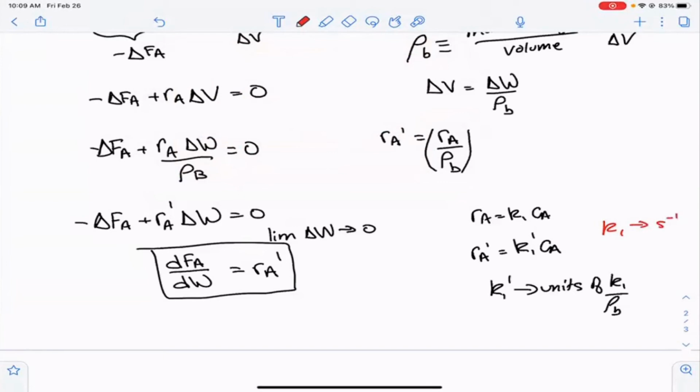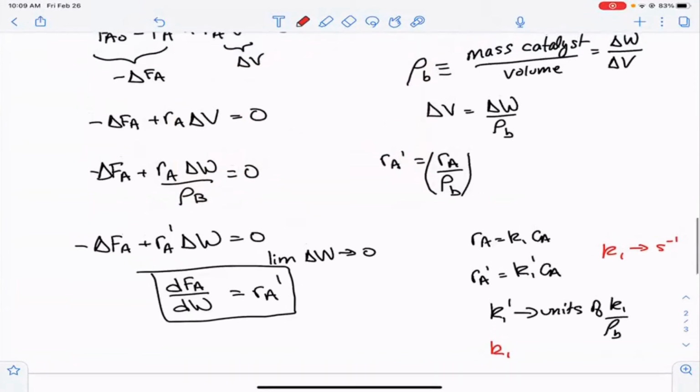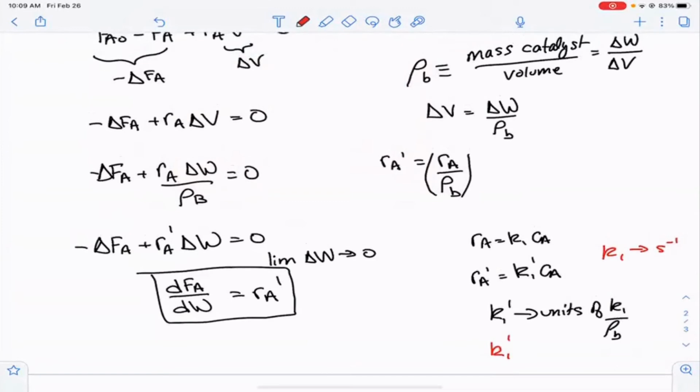Well, now we're going to divide K1 by rho B, which has units of the mass of the catalyst over the volume. So K1 prime has units that are slightly different. It's volume per mass times time.